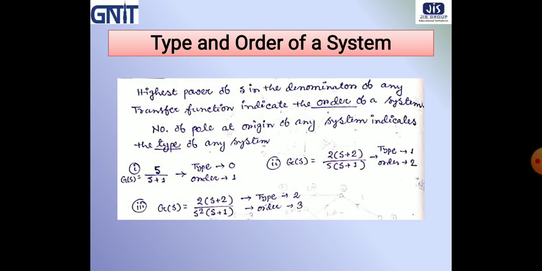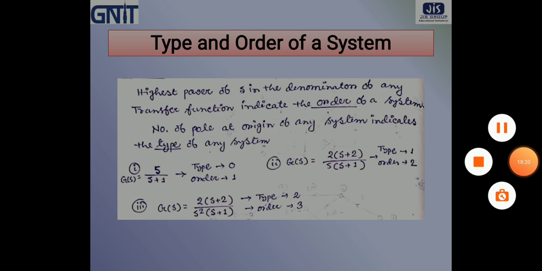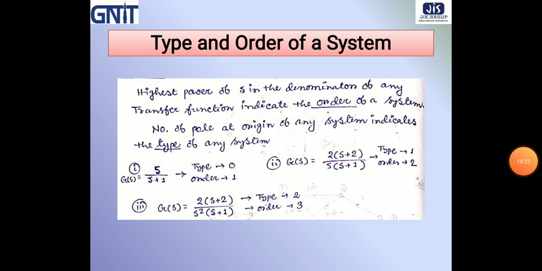But only 2 poles are present at the origin. That's why the type of the system is 2. So it is very important: the total number of poles present at the origin is our type, and the total number of poles present in the system is our order.